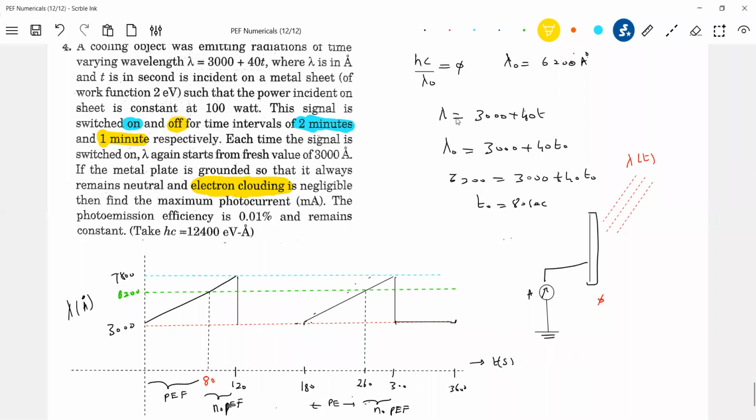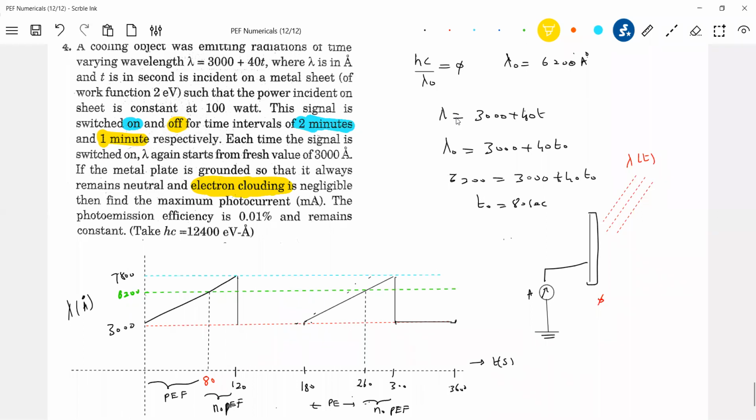How to bring maximum photocurrent? Wavelength is equal to the threshold wavelength. First, the number of photons received for what interval of time?